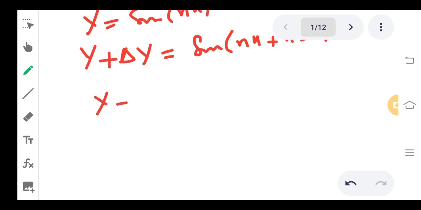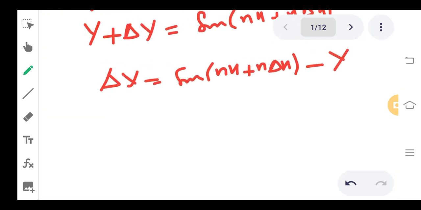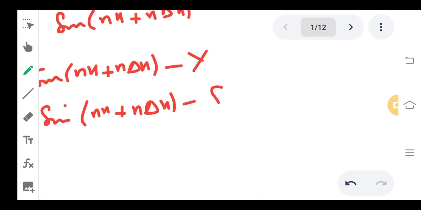So delta y will be equal to sin n times (x plus delta x) minus y, or delta y will be equal to sin(nx plus n times delta x) minus sin nx.